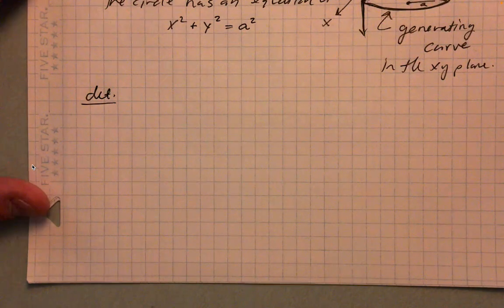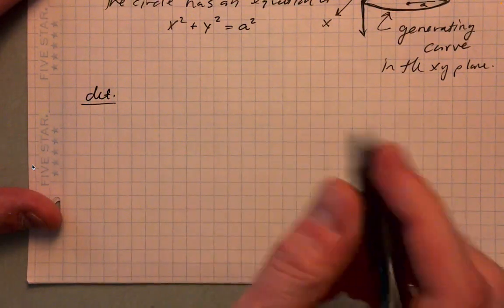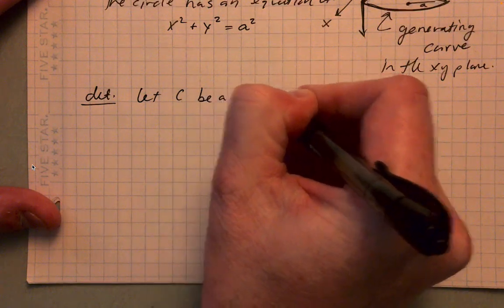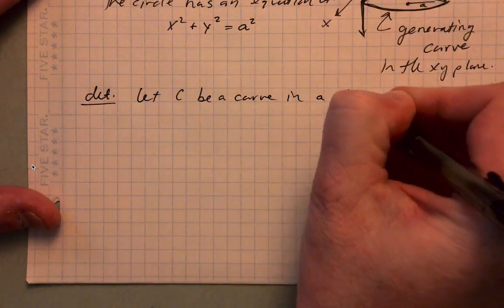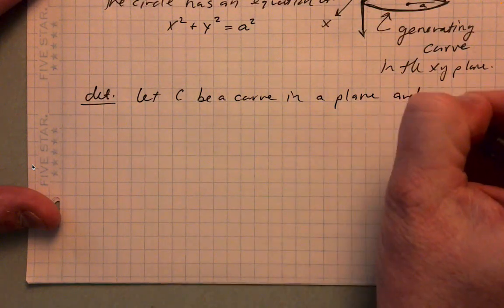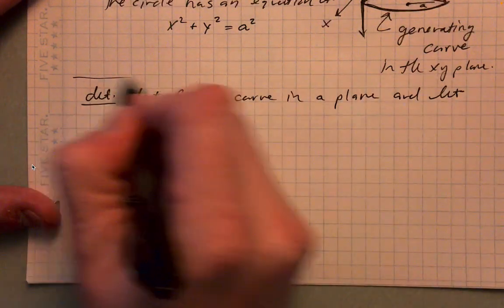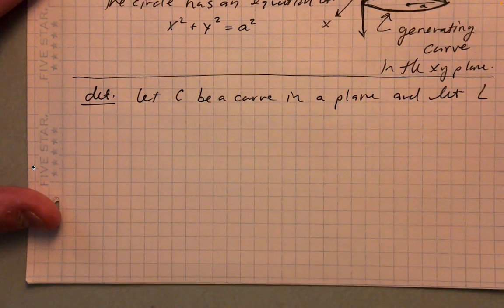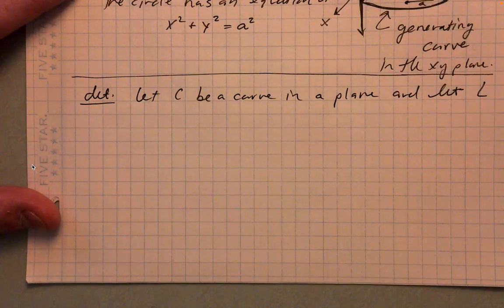Okay. So we'll let C be a curve in a plane, and let L be a line not in a parallel plane.